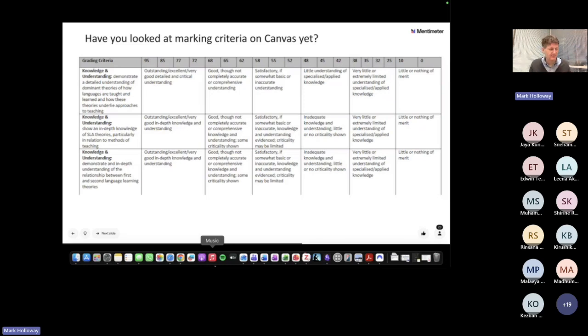Depending on the assignment and what the assignment is testing, you're going to have some different grading criteria. And then on the rest of the document, you should see a description of what it means to score above 70, what it means to score between 60 and 70, between 50 and 60, between 40 and 50, and then the different distinctions below 40.